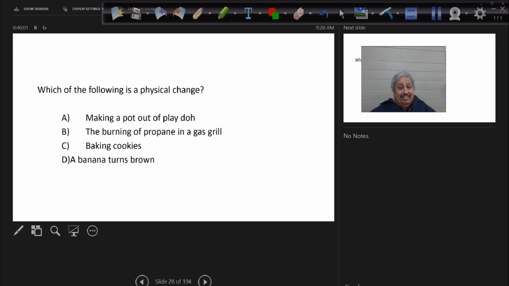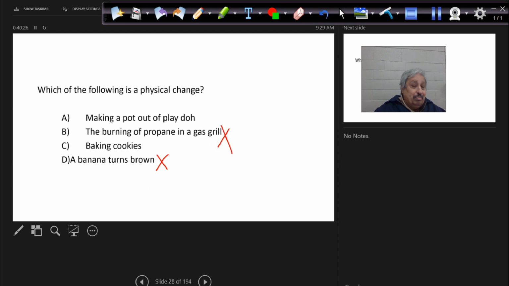If the banana turns brown, can you turn it to the original color? No. If you are using your gas grill and you are barbecuing anything, correct? Can you bring the original meat back to its original raw meat? I mean, not cooked. No, it's already done deal.